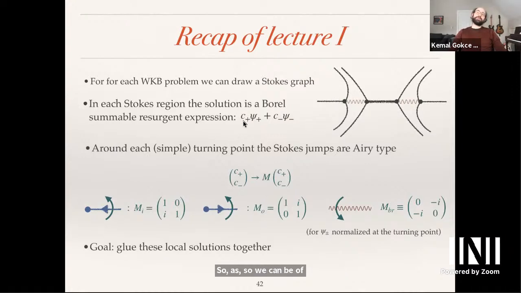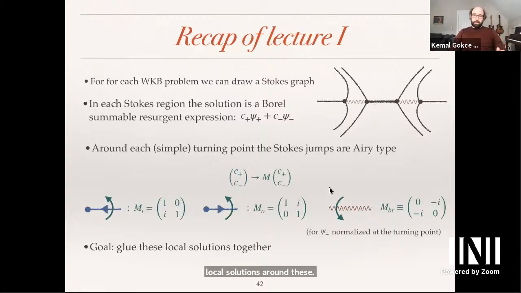We can view these constants, resurgent functions C plus and C minus, as forming a ring, and our solutions locally can be considered as a rank 2 module over this ring. Each Stokes region has a different ring and a different module, and the relevant Stokes phenomena are isomorphisms between these modules. We want to construct such an algebraic structure that relates all these local solutions.